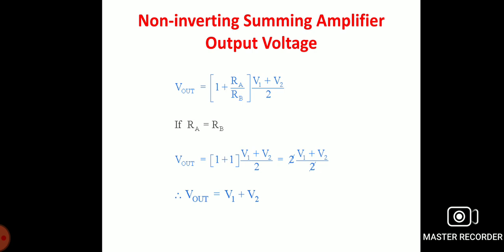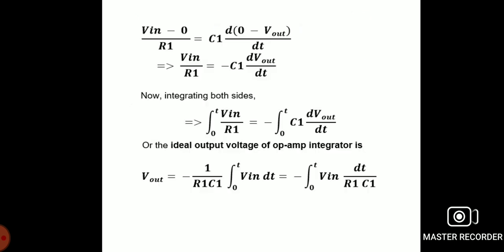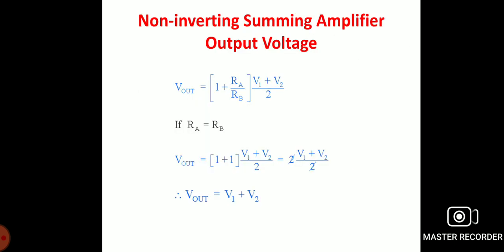Here are the summing amplifier applications. We use the summing amplifier, either inverting or non-inverting. If the input resistances of the summing amplifier are connected to potentiometers, the individual input signals can be mixed together by varying the amount of each signal.